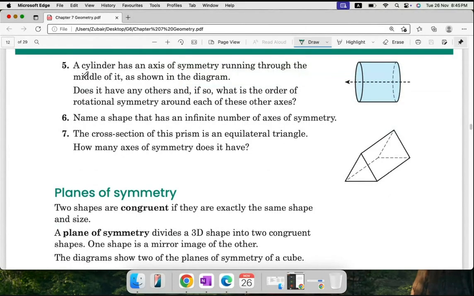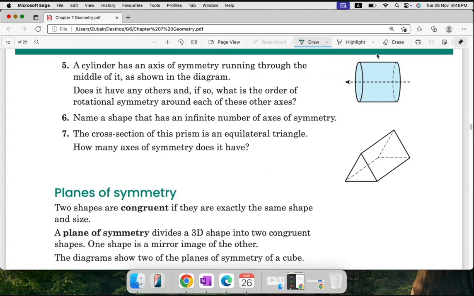Number 5. A cylinder has an axis of symmetry running through the middle of it as shown in the diagram. Does it have any other? If so, what is the order of rotational symmetry around each of these other axes? Is there any other axis of rotation for this cylinder? There is, there are a lot.